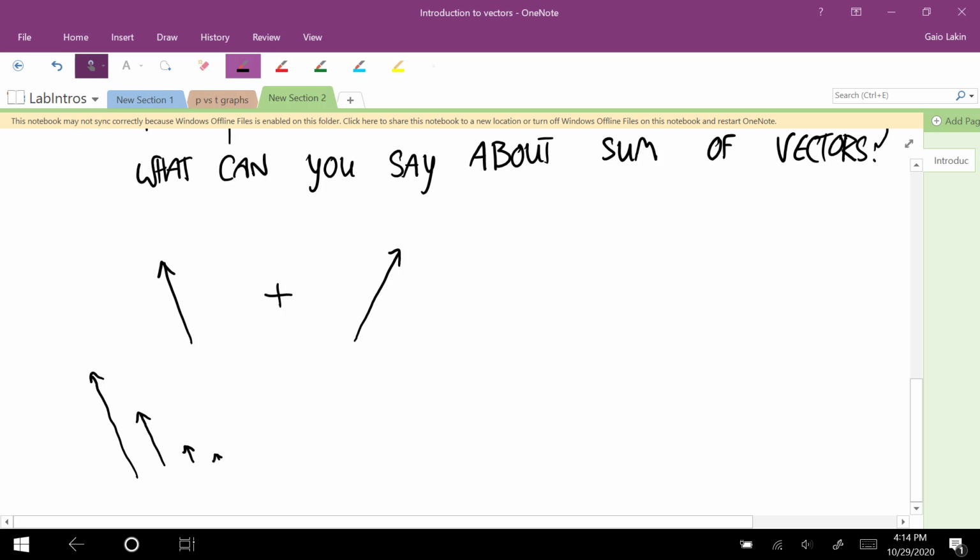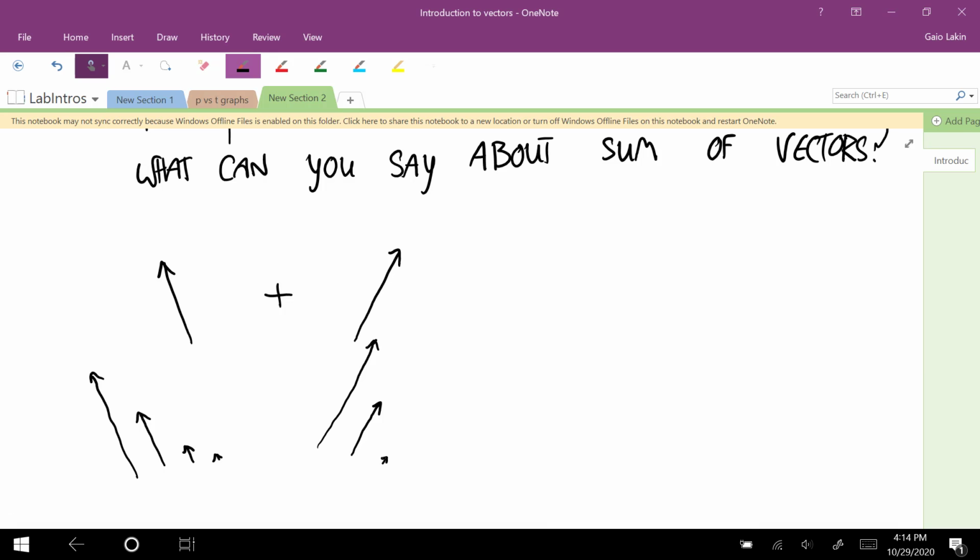It could basically have no length. They just all have to have the same direction. And same with this one. It could be really long, somewhere in between, tiny. Okay.